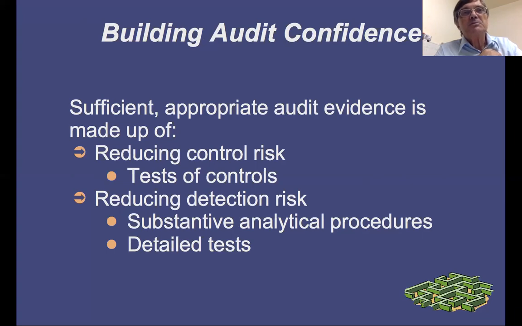Normally, it's to reduce our detection risk, to build up sufficient audit confidence that we believe we've got sufficient appropriate evidence. So we do substantive analytical procedures if we think that's more efficient than doing controls testing or detailed testing.